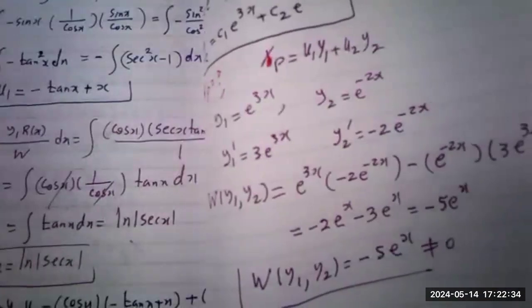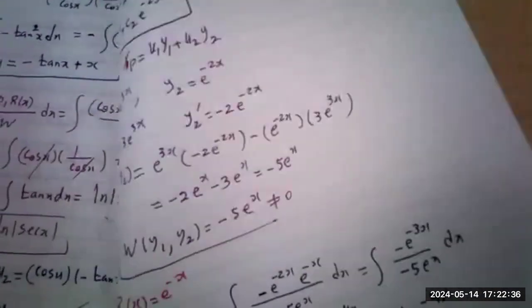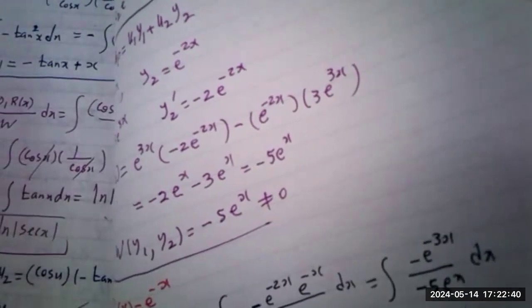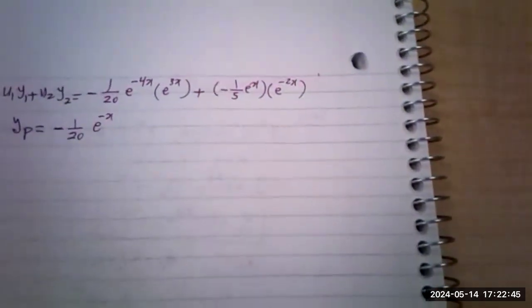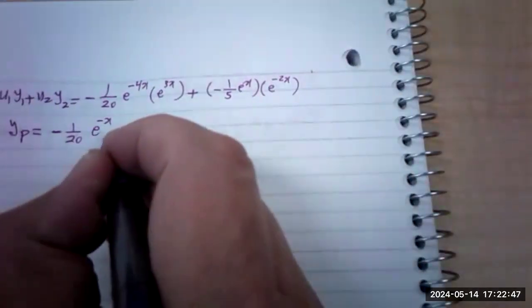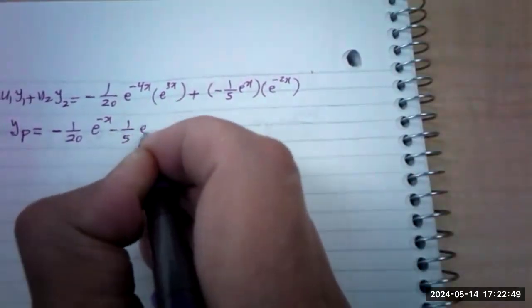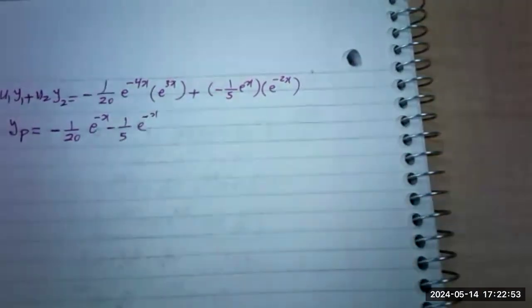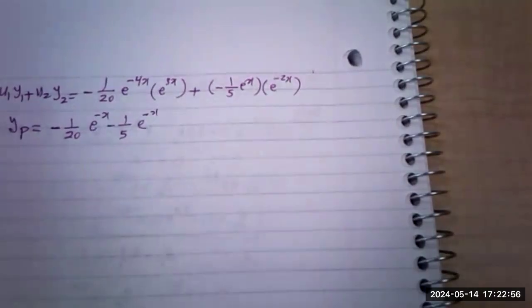Outside we got the positive 5, but we get e to the negative 4x. Yeah, so it's going to be true. So this is going to be minus 1/5 e to the negative x again.